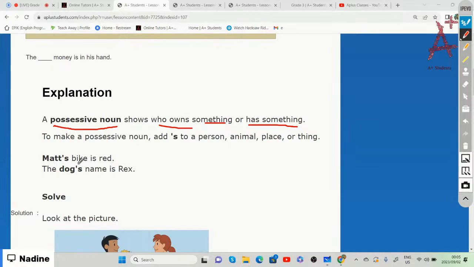if the bike belongs to Matt, then we can say it is Matt's bike, right? And there we have Matt's, which is his name, apostrophe S. So now we are saying Matt's bike is red, meaning that Matt owns the bicycle and his bike is red.